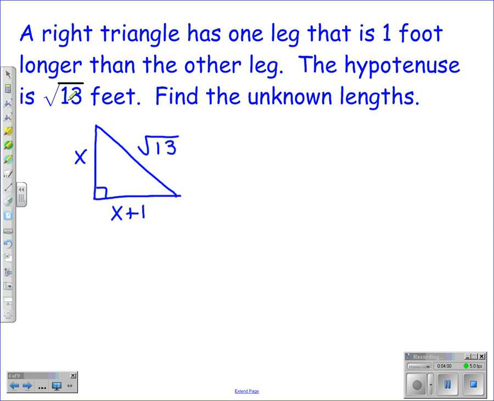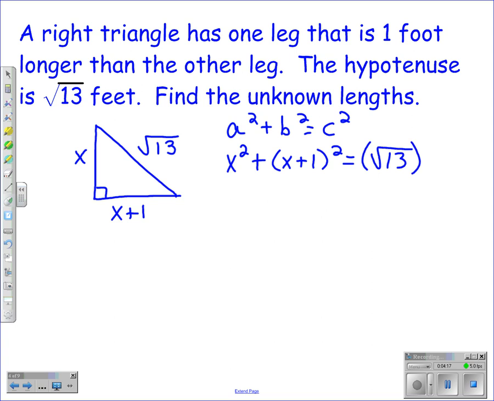So you draw yourself a picture, and then you can start working with your a squared plus b squared equals c squared equation. Put in what you know, x squared plus x plus 1, quantity squared, equals the square root of 13 squared.